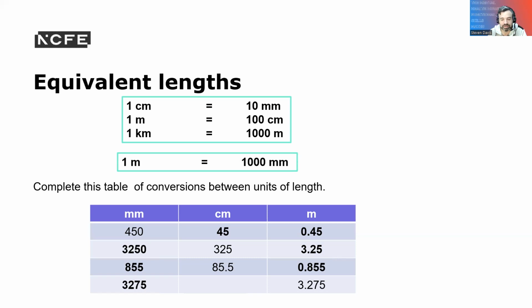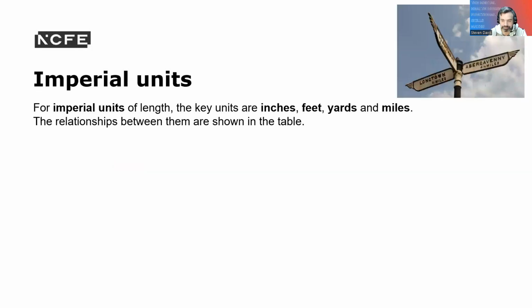And then finally, 3,275 millimeters is 327.5 centimeters, and that is 3.275 meters.